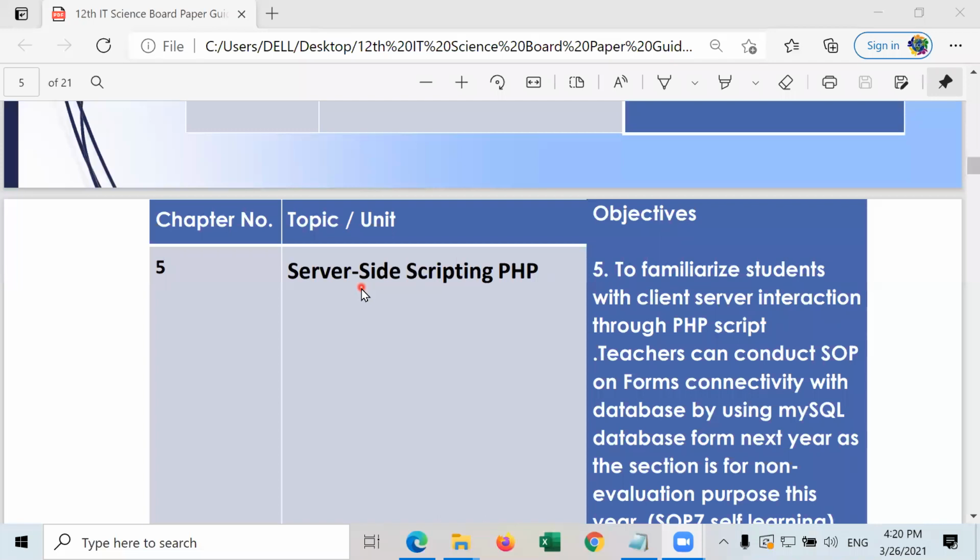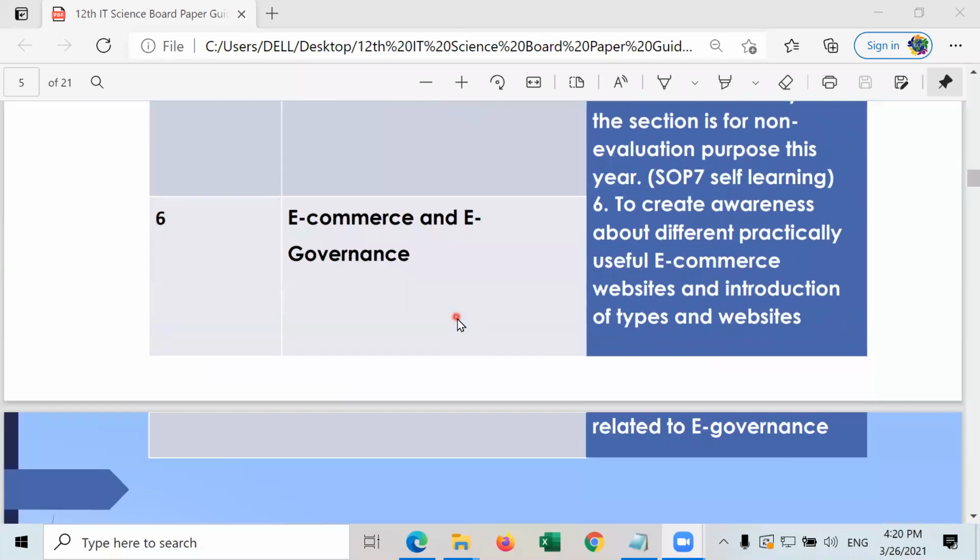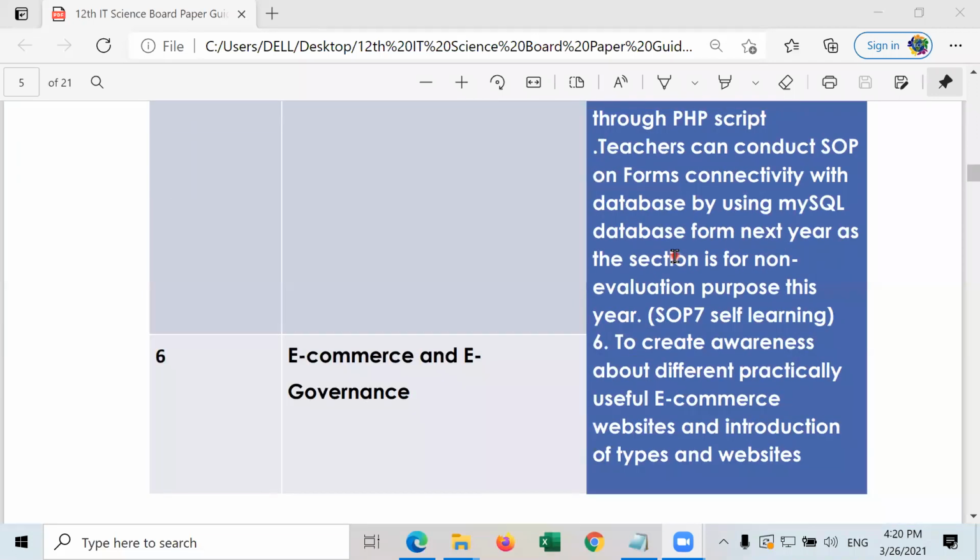We have also conducted practical on PHP. And the very last chapter is e-commerce and e-governance. In e-commerce and e-governance, we saw what is e-commerce, what are the types of e-commerce, what are the different trade cycles in e-commerce, and how e-commerce can be used by government to deliver its services to common citizens like us.